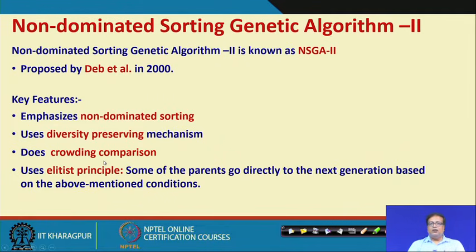If you recall, while discussing metaheuristics, I have specifically told that any metaheuristic method has to have two things. One is there should be selection pressure and there should be population diversity. The selection pressure, so that the best chromosomes are selected.